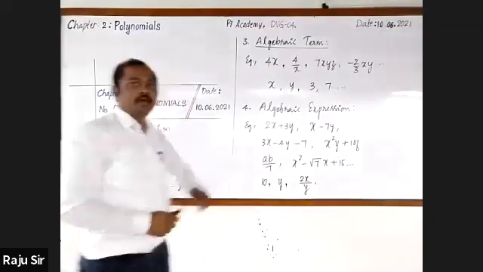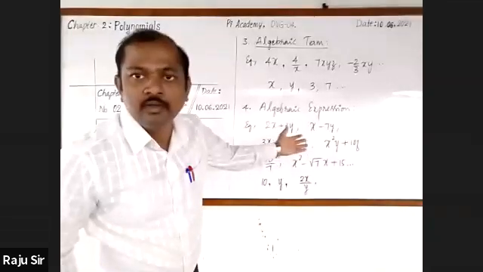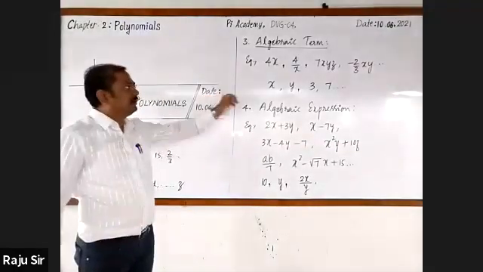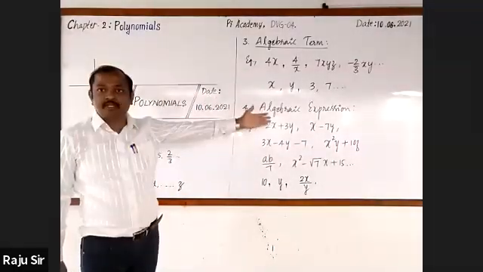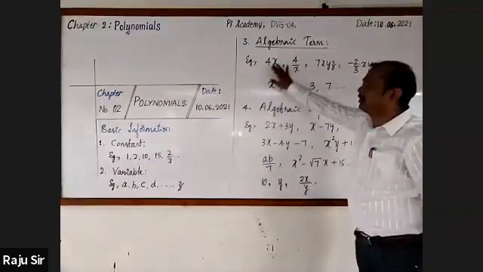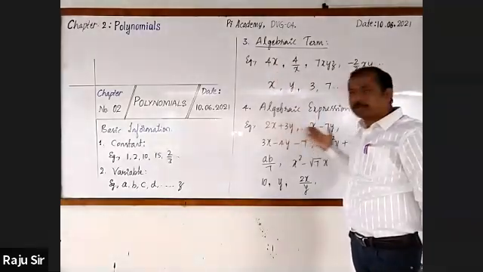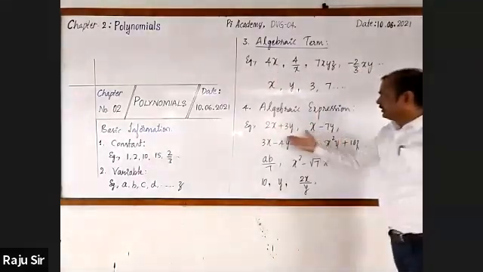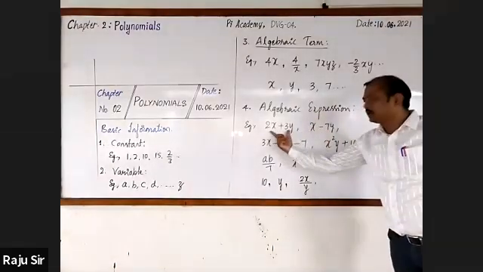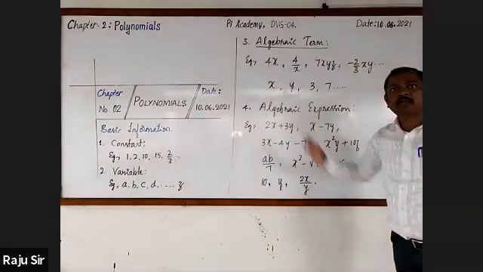Okay. Dear students, you can observe the difference between term and expression. Algebraic term and algebraic expression. I told you, an algebraic term is the product or quotient of constant and variable. An algebraic expression is a mathematical statement which is formed by connecting two or more algebraic terms by using the symbols of fundamental operations.